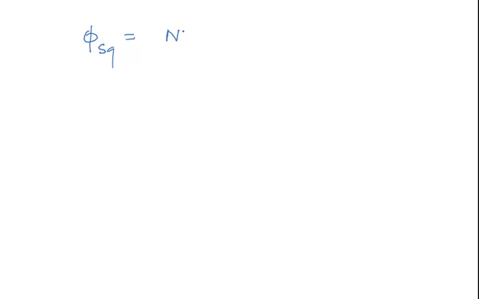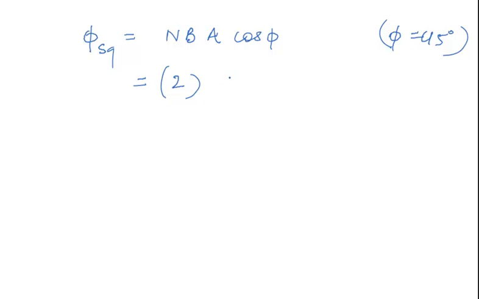Now if we find the flux through the square loop, that will be given by N B A cos theta. In this case the value of phi is 45 degrees. The value of N is 2, as 2 loops are there. The value of B is mu naught I upon 16 r, area is A square, and cos phi is 1 by root 2.